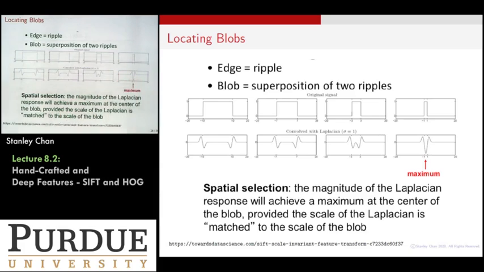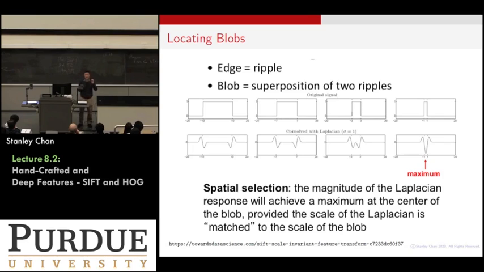So here's the thing. If I want to detect an object of this size, what should I do? I should set the radius of my second order Gaussian to something related to sigma, and then when I do this filtering, according to this picture, I will get a maximum response. If my scale does not match the scale of the object, then I will either get this or I will just miss it.